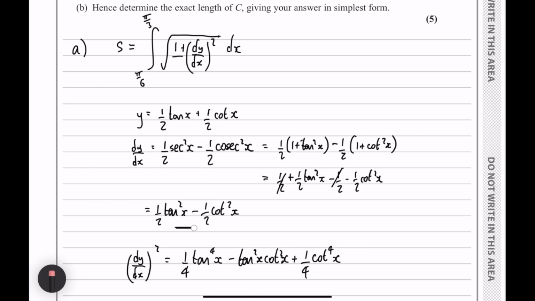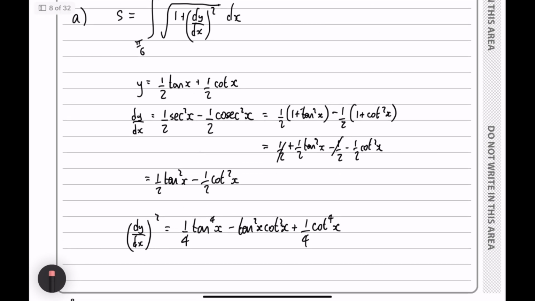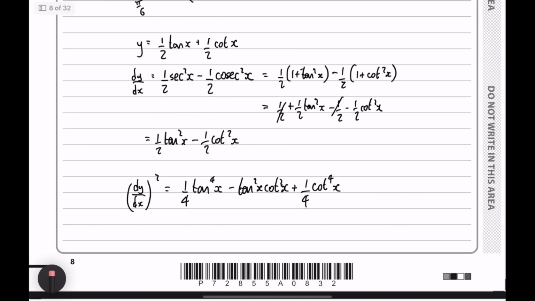So because I'm expecting it to happen that way, instead of doing what most of you are probably thinking, which is to cancel these two, because cot squared is of course just 1 divided by tan squared, that would go away, just the way I'm thinking of it and what I expect to happen, I'm not going to do that.